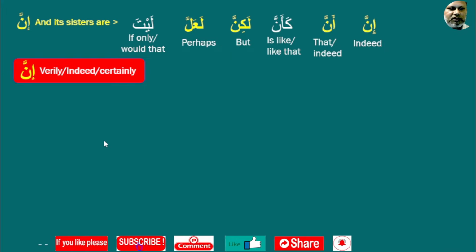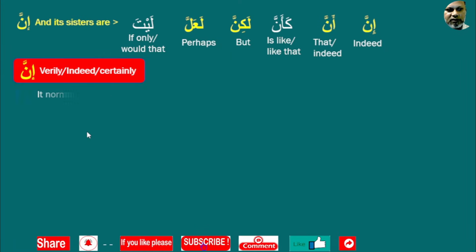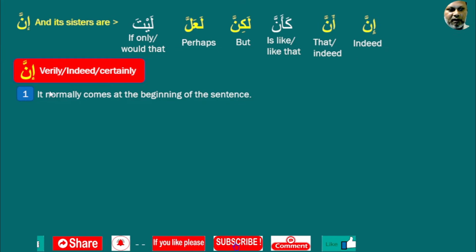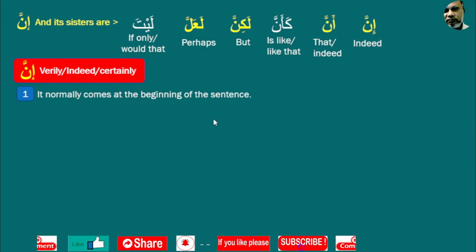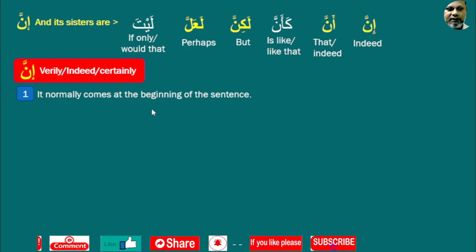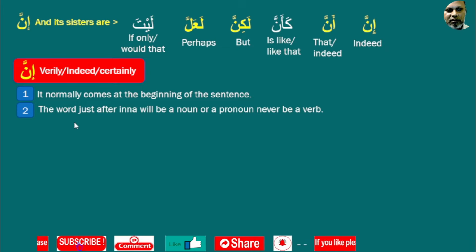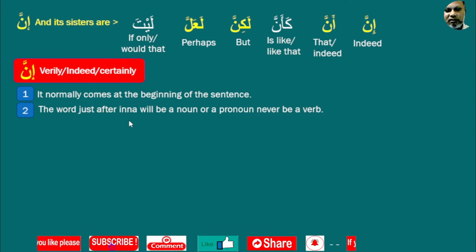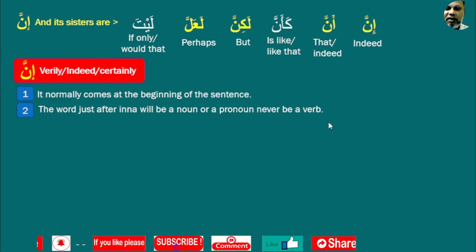There are some rules of using this inna. What are the rules? Number one, inna comes at the beginning of the sentence. Number two, the word just after inna will be a noun or a pronoun, never a verb.